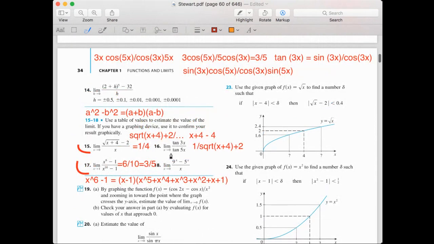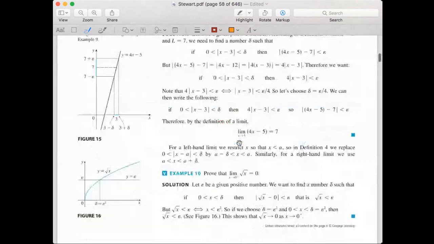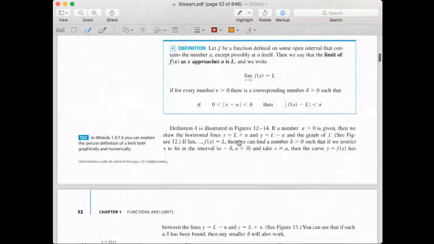For 16, we want to use one very important identity. The limit when x approaches 0 of sine x over x is 1, or sine x over x raised to the power n equals 1. Let's go back and remember the formula.